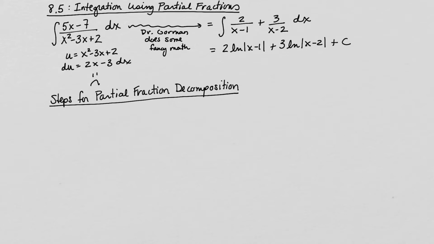Okay, so in partial fraction decomposition, you have to be given some polynomial f of x over g of x. So f of x and g of x are polynomials.